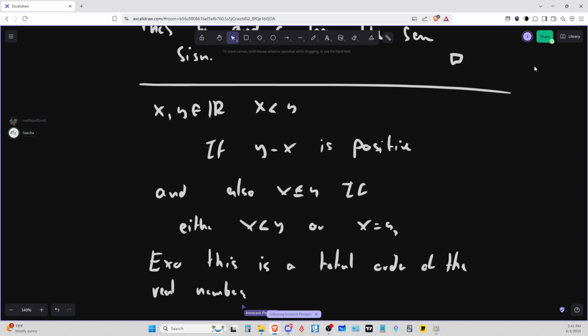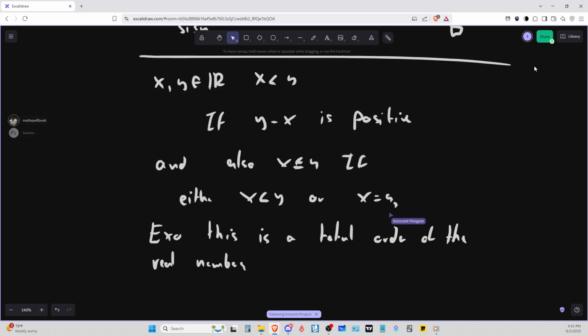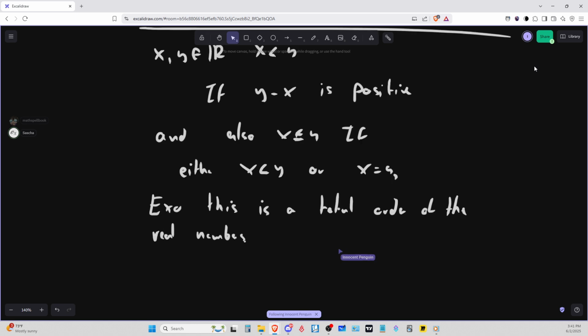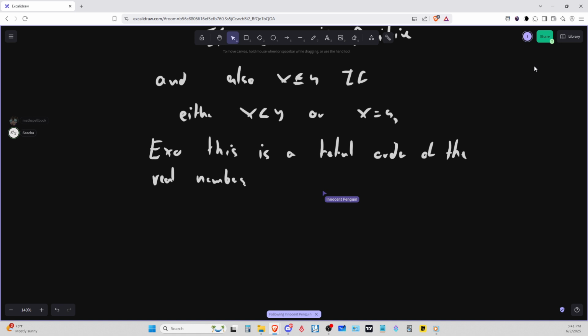It's pretty much the same thing we did with the rational. So we have to prove that it's a total order of the real numbers, right? You can compare every real number with each other, and there will always be one which is bigger or equal to the other.